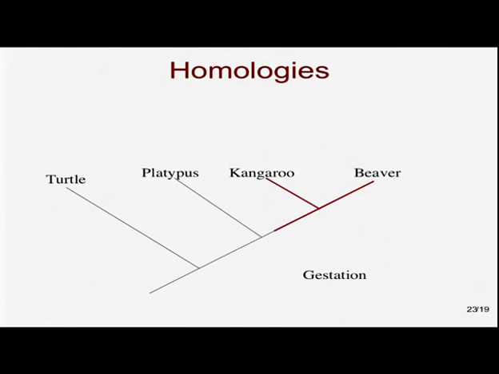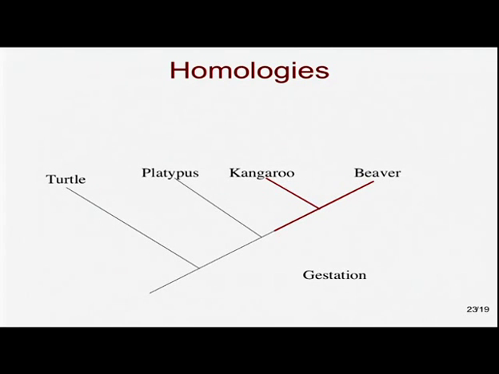So this guy sort of took that path, and the other diverged into gestation, which just means the developing offspring, that it was a survival and reproductive advantage to keep that embryo inside your body rather than laying it out in an egg. So both kangaroos and beavers, the regular mammals, give birth to live young.